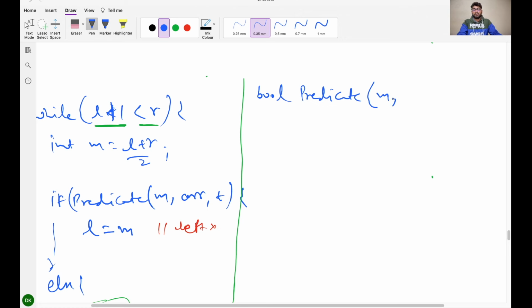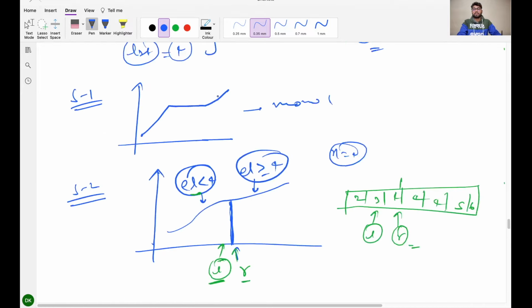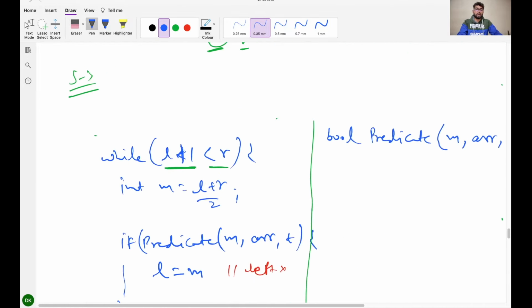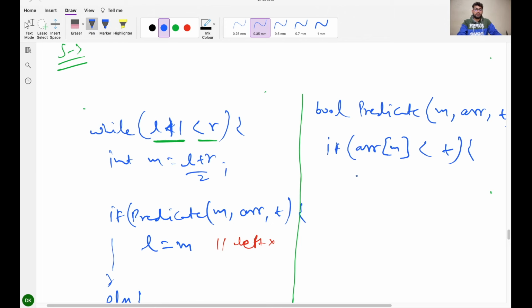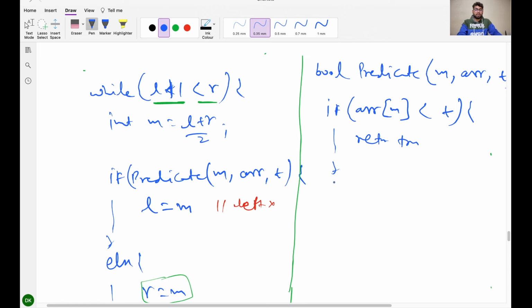I pass my m, my array, and my t, since first of all I have to find my starting index. For this, if my array at m is less than t, I return true, and if not, I return false. This would be my predicate function.